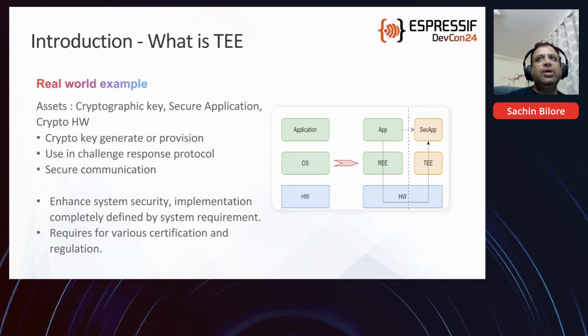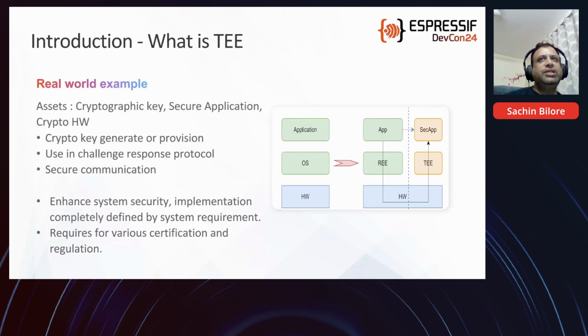So these security sensitive assets, cryptographic key and related resources, software and hardware, are actually hosted by the TEE and protected by TEE from the rich execution environment. This key could be generated on device under the protection of TEE, or this key could be provisioned in the device under the secure provisioning mechanism during the manufacturing of this device.